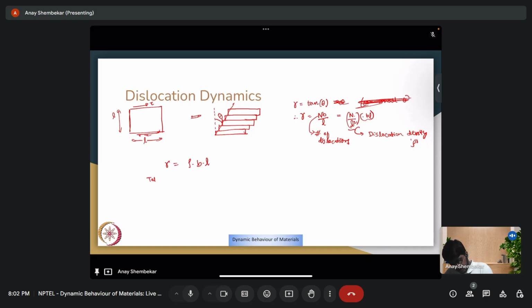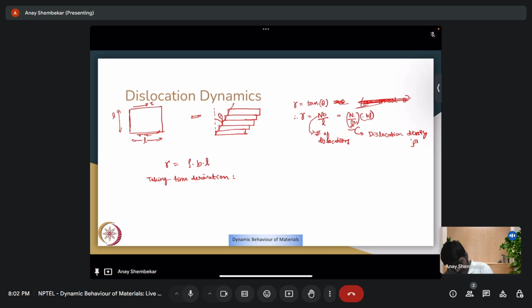Taking the time derivative, you can think that the dislocation density rho will be constant, inherent to the material depending on its microstructure and how it was formed.